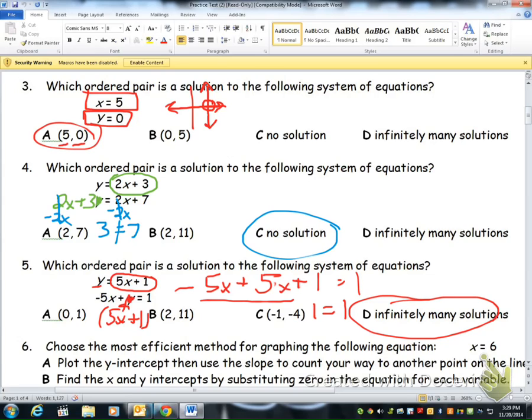Now, there's a simple reason why that holds true. If we had actually solved this second equation and put it in slope-intercept form, I'd need to add 5x to both sides and I get y equals 5x plus 1.